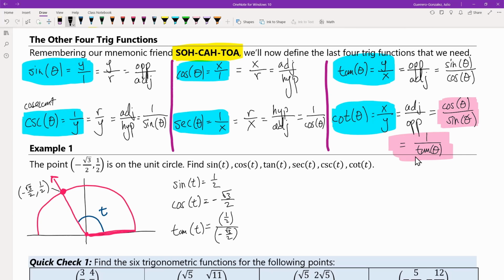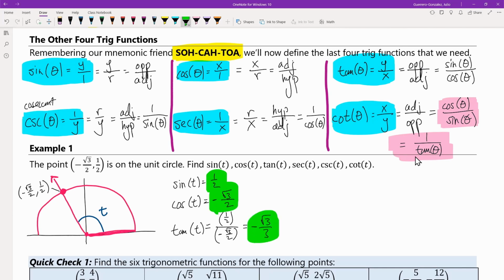Okay? You can also use this right here, that it's equal to sine divided by cosine, right? And we found sine and cosine already, right? Now, if you do this all right, this is going to be equal to negative √3/3.